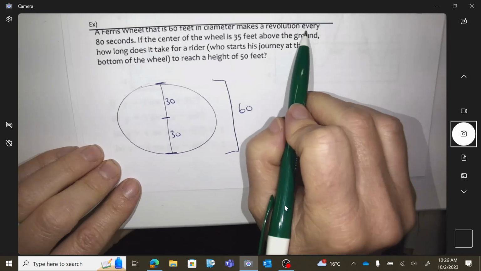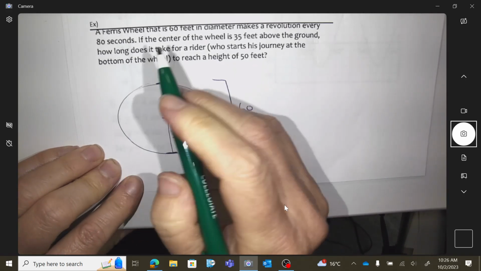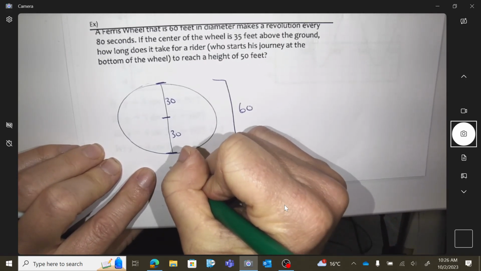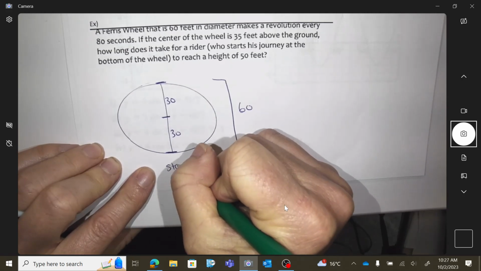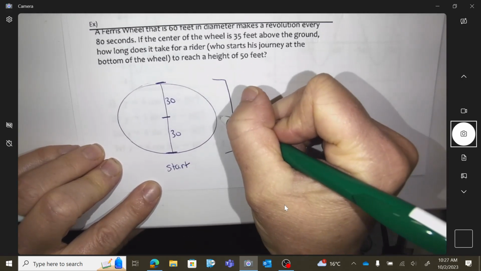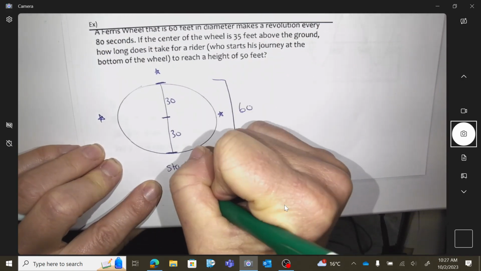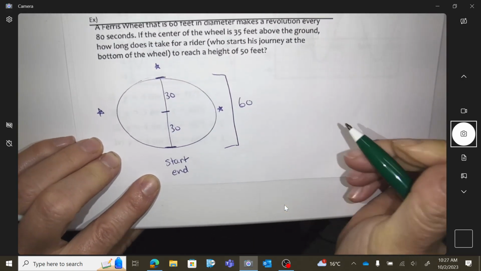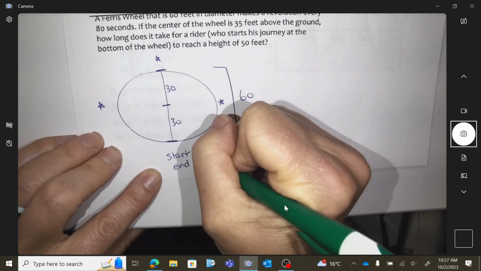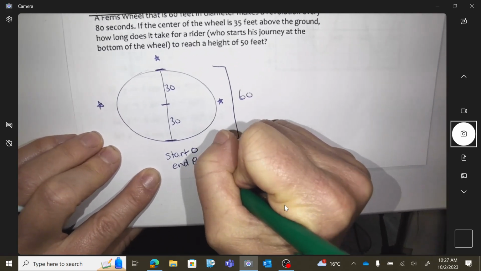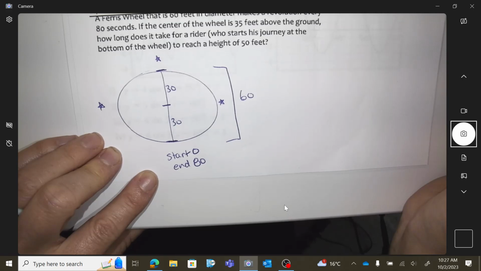It makes a revolution every 80 seconds. Okay, so ready? I'm going to start at time 0 and I'm going to end at time 80.